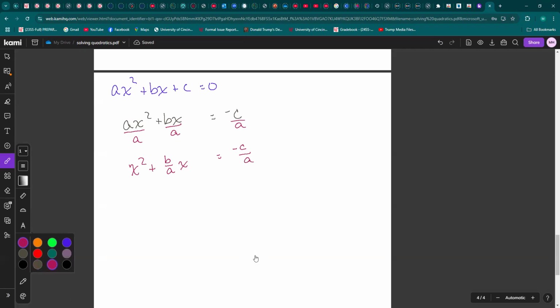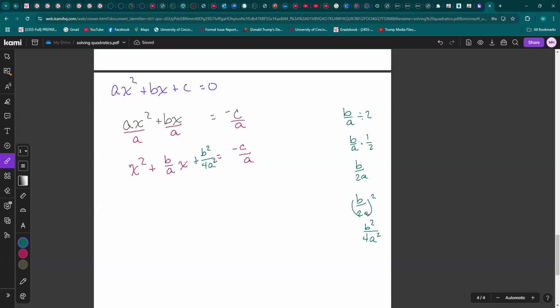Now we're going to do off to the side that middle term, b over a divided by 2 is the same thing as b over a times 1 over 2, because that's C change flip, equals b over 2a. If I'm going to do b over 2a squared, I'm going to get b squared over 2a times 2a is 4a squared. That's what I add to both sides, plus b squared over 4a squared.